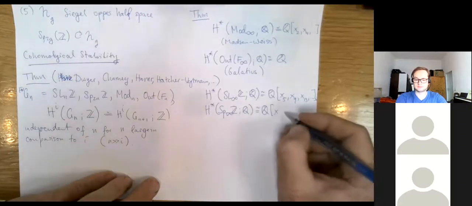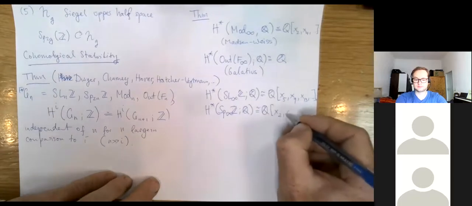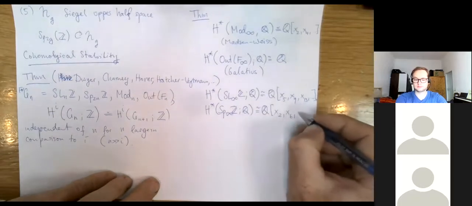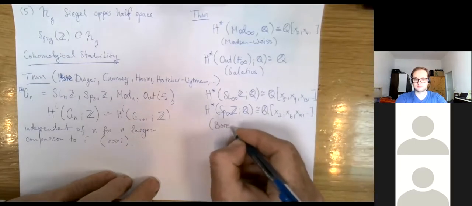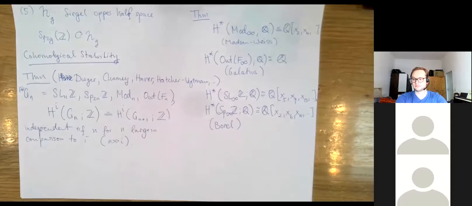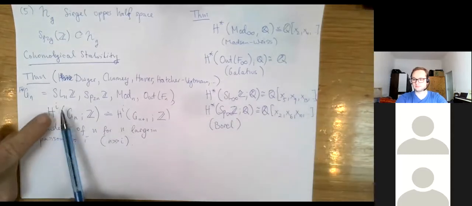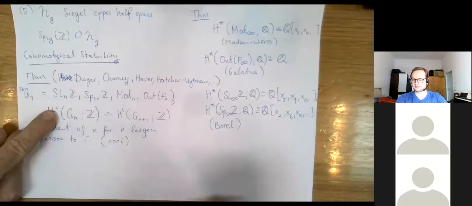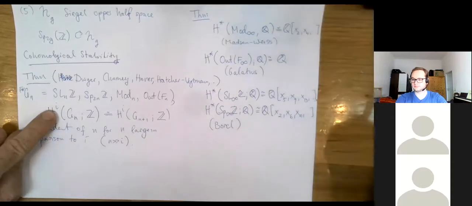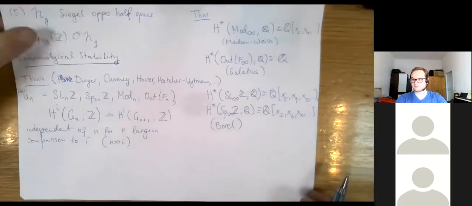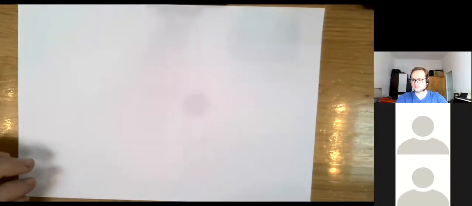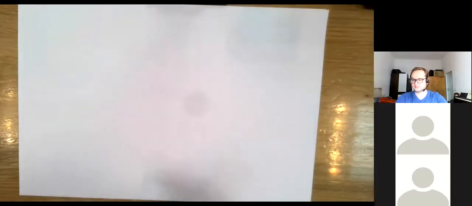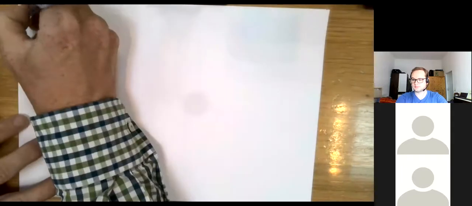So these are all polynomial rings, and these two results are by Borel. So that means for low dimensions, dimensions referring to the dimension of the cohomology, we already know a lot. Okay, I have to go on to high cohomology, because that's really what I want to talk about.